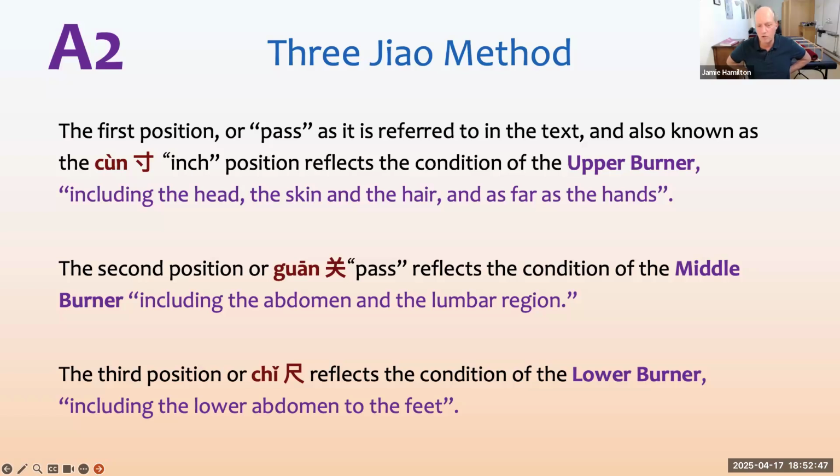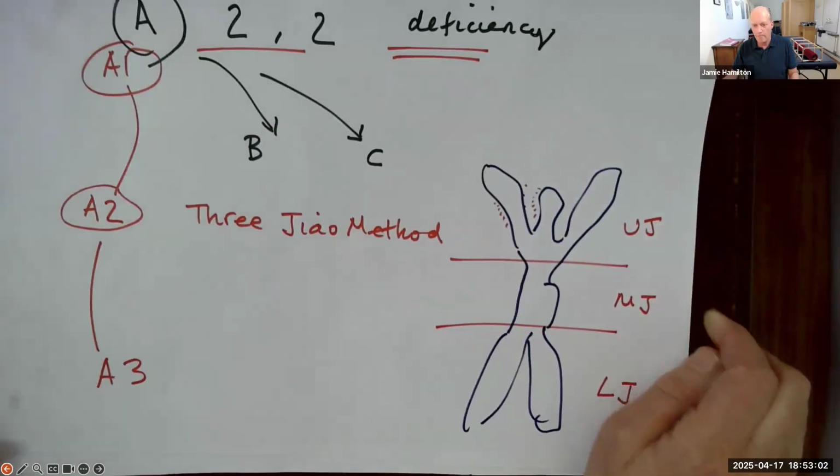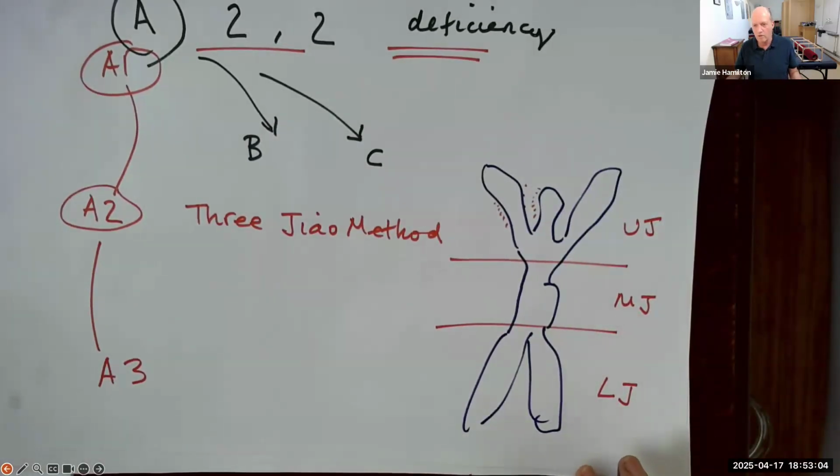And the third position, or che position, reflects the condition of the lower burner, which is the lower abdomen to the feet. So it's like a whole region. It's like splitting the body into three, and you've got these three regions. So I think it's a pretty useful kind of gauge.